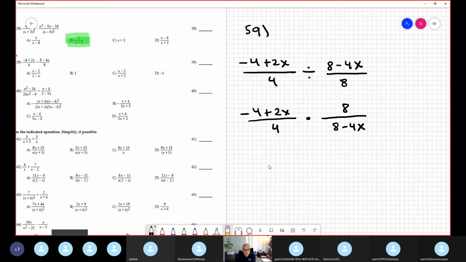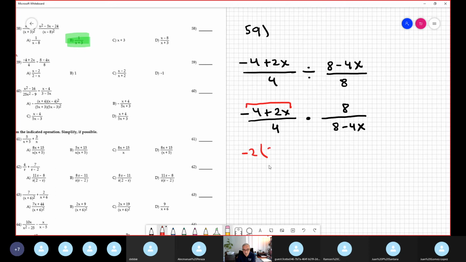Now you factor this guy. In this case, a binomial. I focus on this one. The greatest common factor is 2 or negative 2, I suppose. So I factor out negative 2.